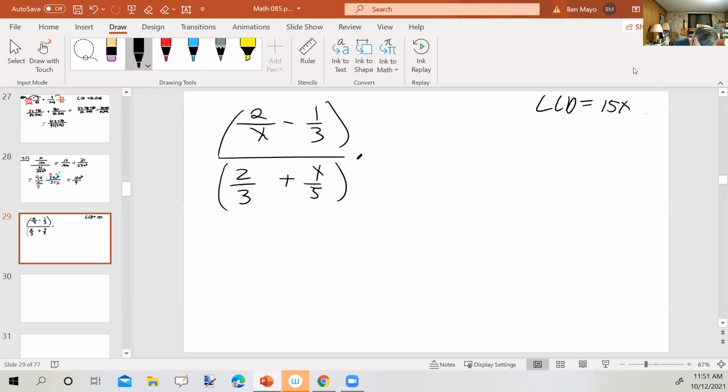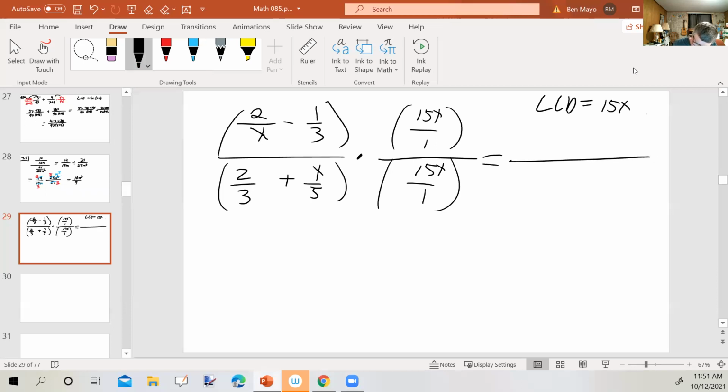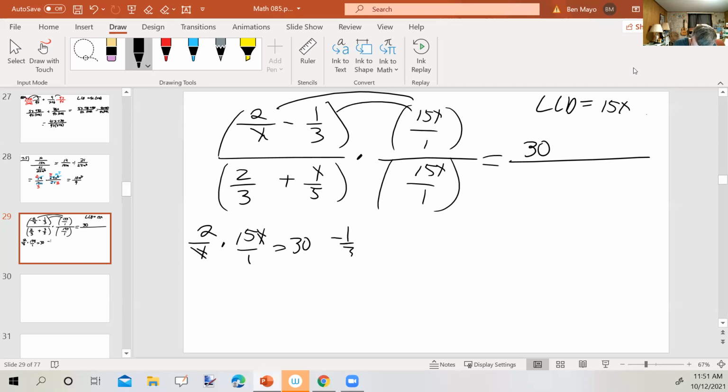Multiply the numerator and the denominator by the LCD, and you get 2 over x times 15x over 1. The x's reduce out, you get 30 minus 1/3 times 15x over 1. 15 over 3 is 5, and you get minus 5x.